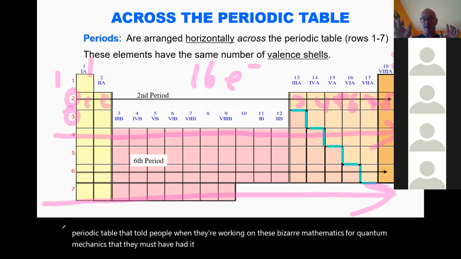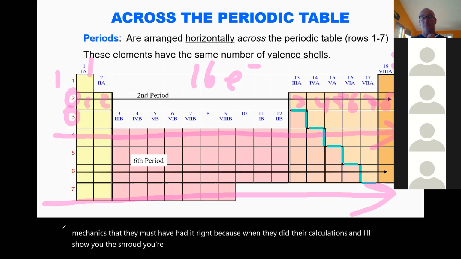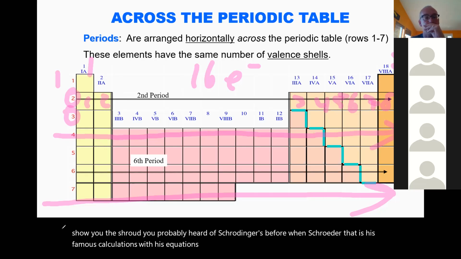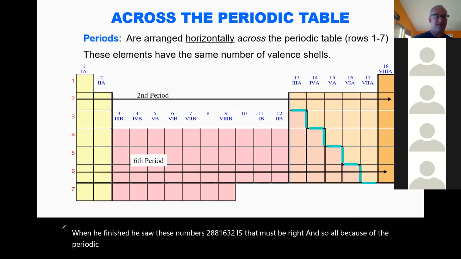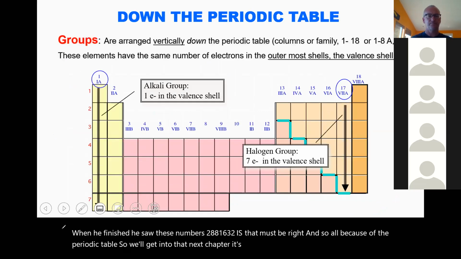Because when they did their calculations, and I'll show you Schrodinger, you probably have heard of Schrodinger before. When Schrodinger did his famous calculations with his equation, Schrodinger's equation, when he finished it, he saw these numbers, 2, 8, 8, 16, 32, and he said, oh, that must be right. All because of the periodic table. So we'll get into that next chapter. It's fun stuff, believe me.